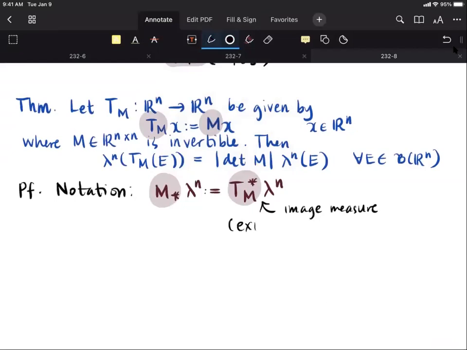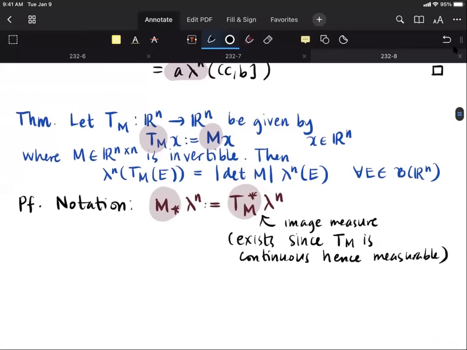This exists since T sub m is continuous, hence measurable.